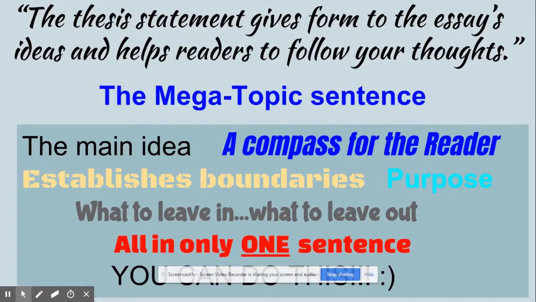It covers the whole main idea of the essay and why you're writing this, so the purpose of the essay. It also helps the writer decide what to leave in the essay and what to leave out. There might be some really interesting facts or information that you want to give, but it doesn't quite fit into the thesis statement.